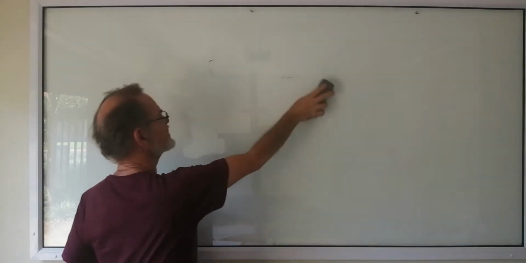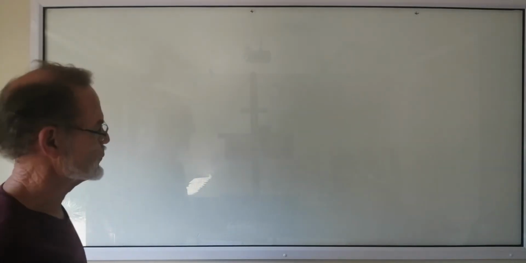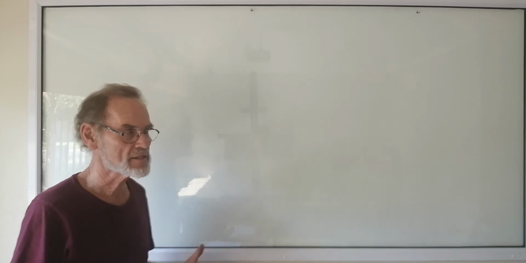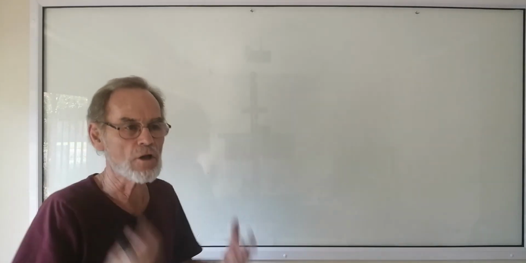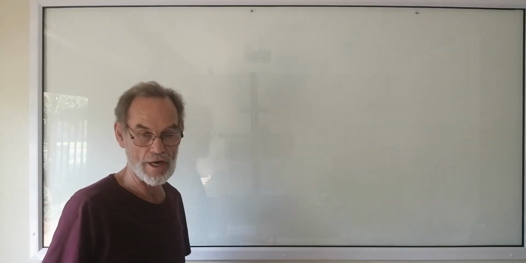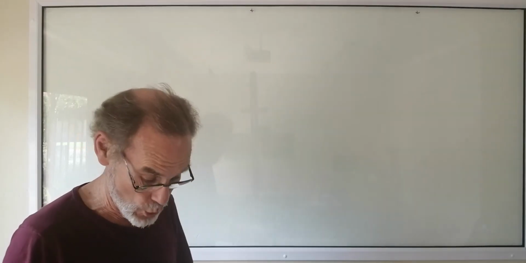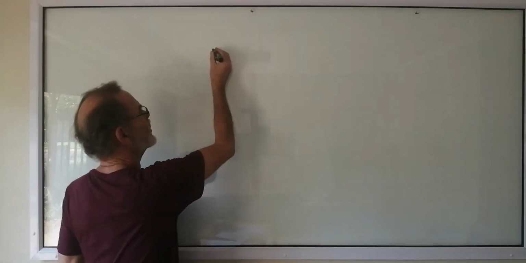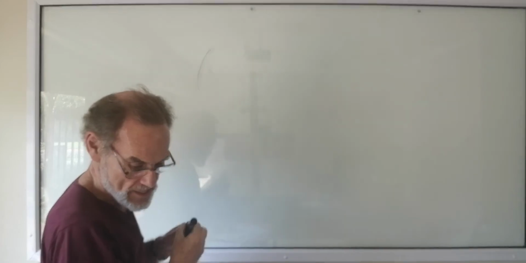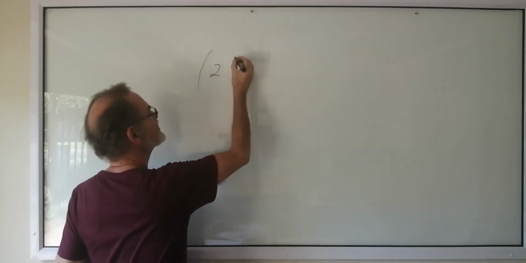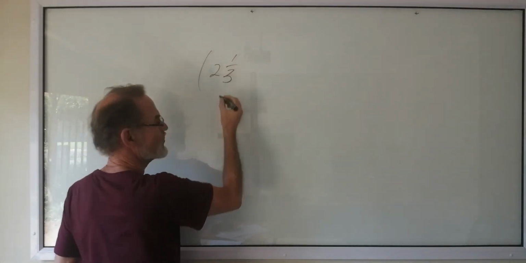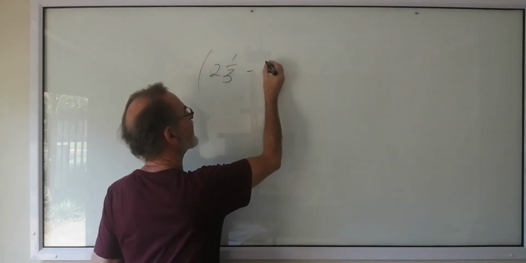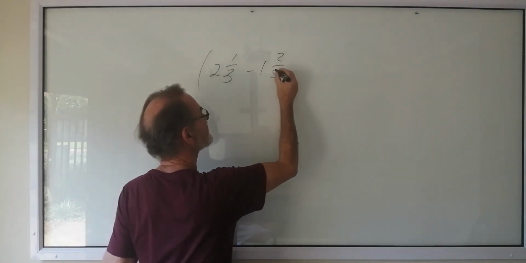Okay. Last example now. This is where it starts getting tricky. So you need to do all the exercises so that you can get lots of practice. Otherwise, you're going to take too long with the sums. By the time you've done all the exercises, you'll be able to do this: 2 and a third minus 1 and 2 fifths, all divided by a third.